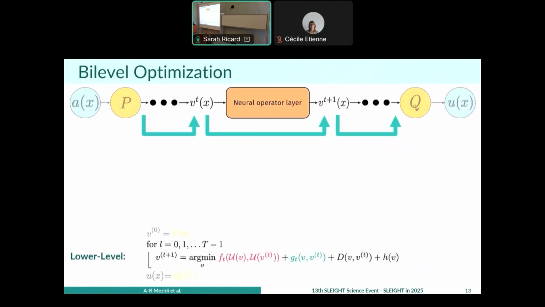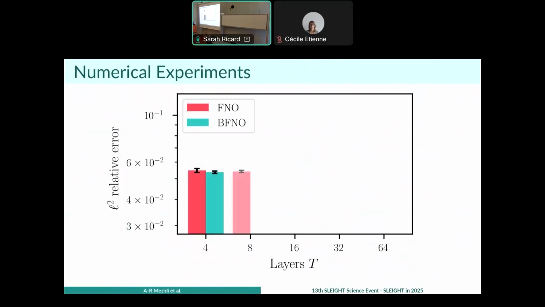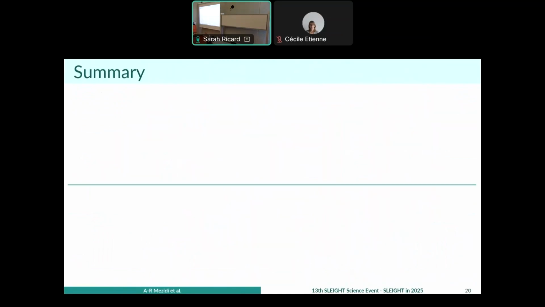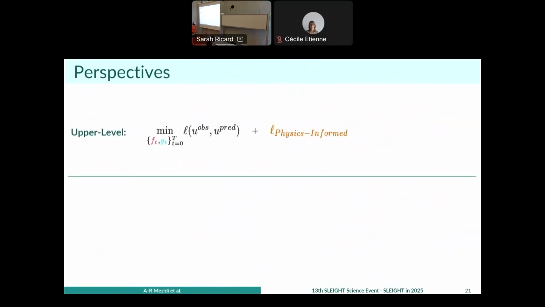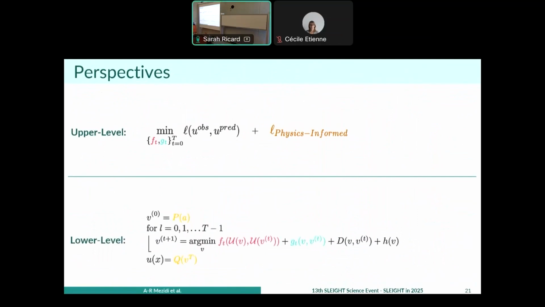Perspectives. Searching Bregman priors, so it's like a PINN-like approach. Exactly. Bregman operators. Do you think it's able to include or insert physical knowledge?